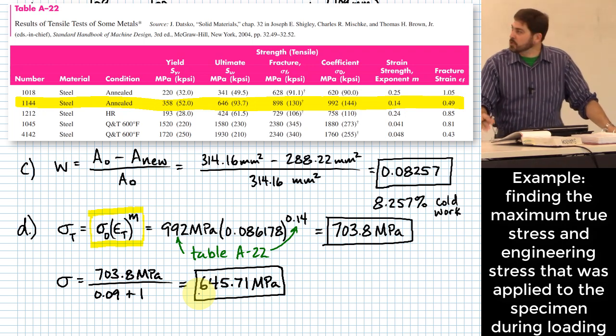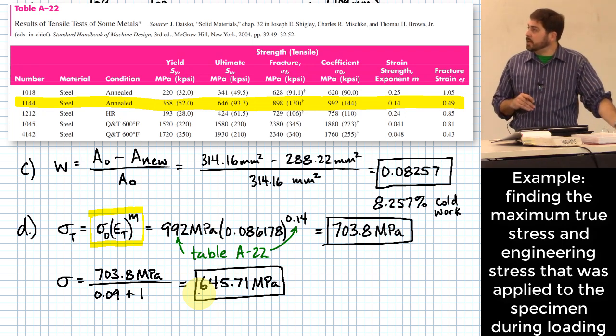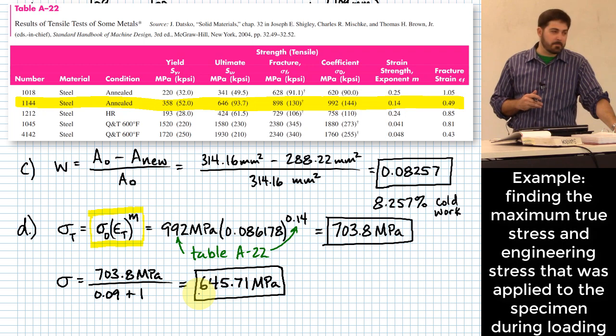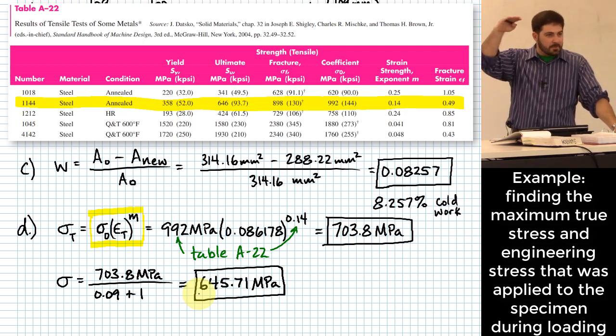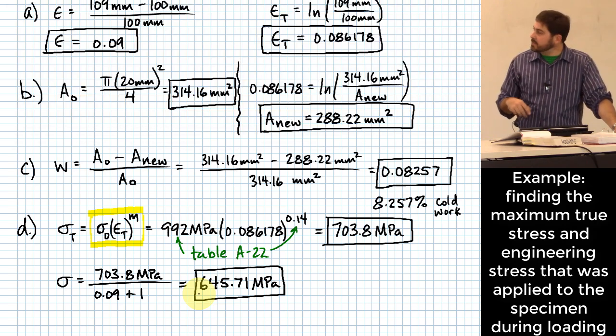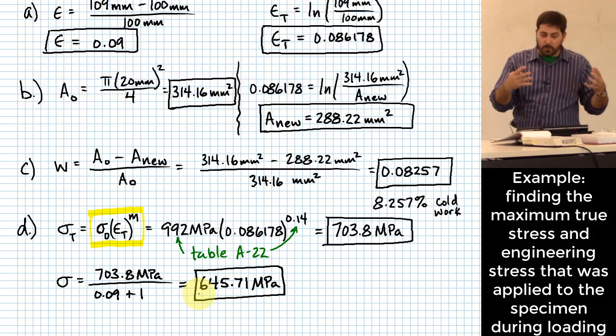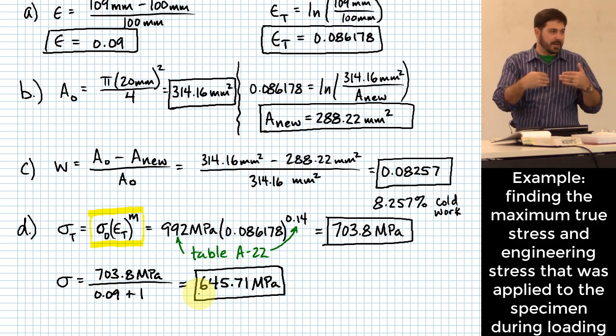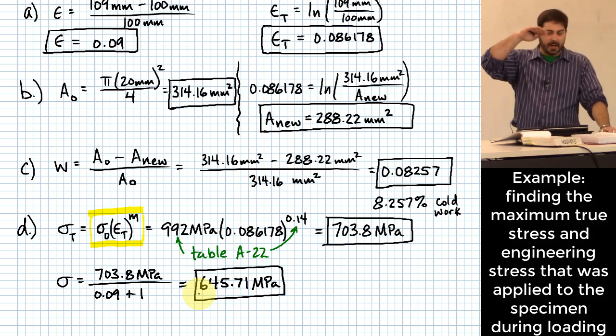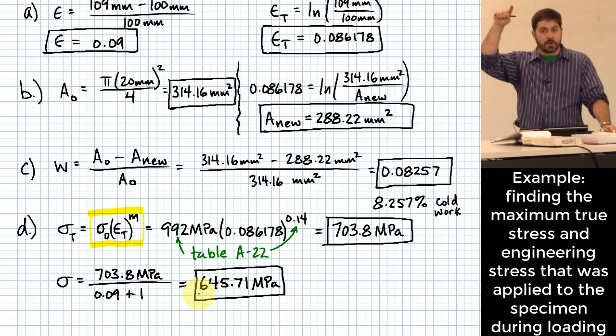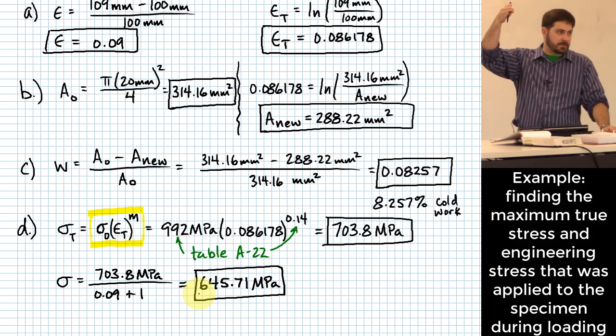So we loaded this up to an engineering stress of 645.71 MPa. I got it pretty close to its ultimate strength, but I didn't quite get there. Therefore we've cold worked it a pretty good bit. We've gotten it pretty far up along its curve to the point where it almost got up to its ultimate strength.